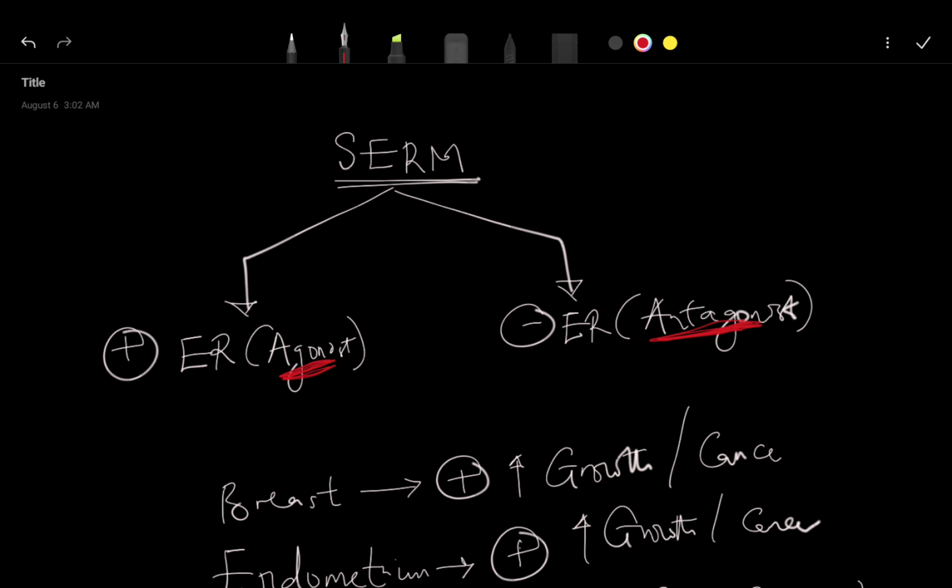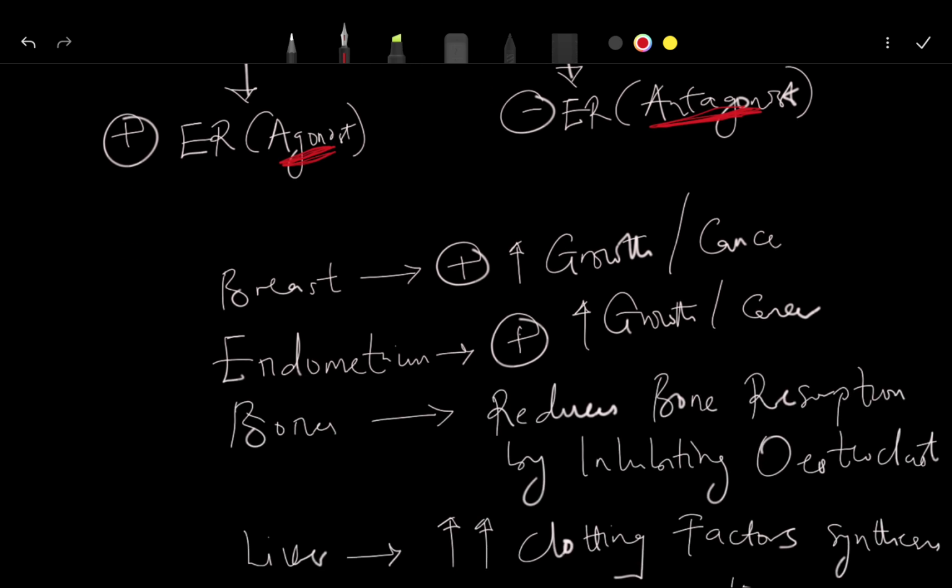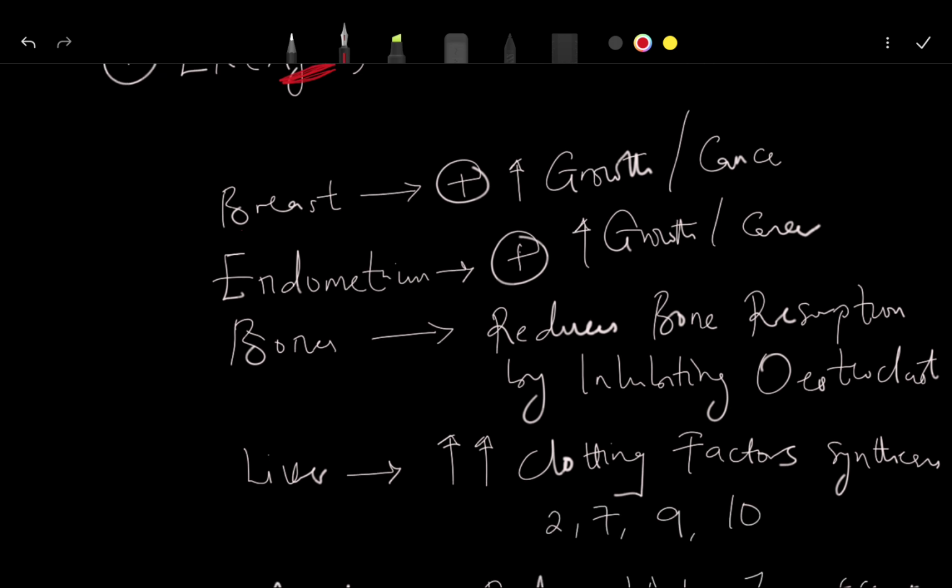Now, in order for you to understand them very well, you need to know the effect of estrogen on various organs. For example, we're talking about the breast now. When estrogen acts on the breast tissue, it will cause growth. And whenever there is an increase in growth, the risk for cancer is always there.